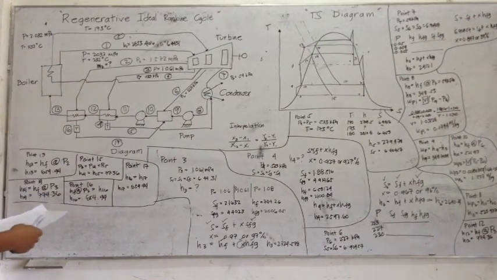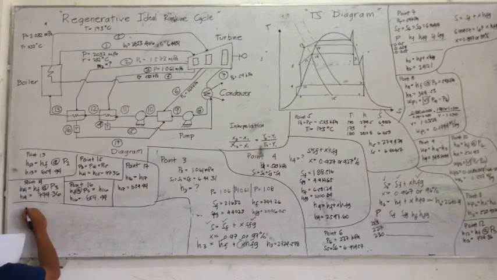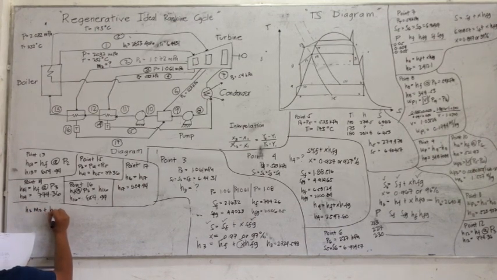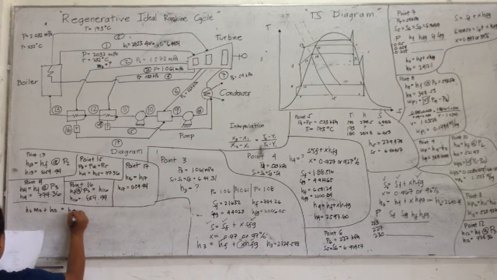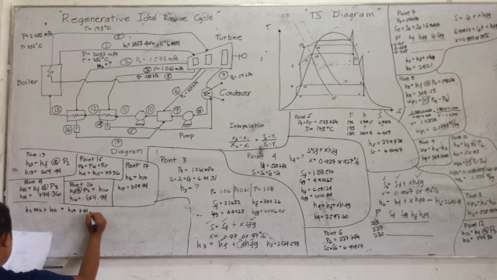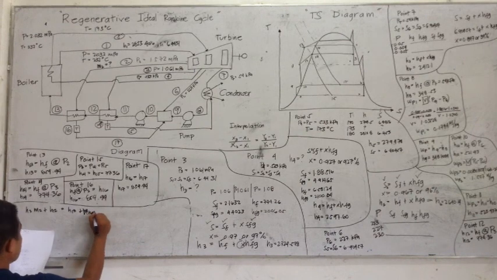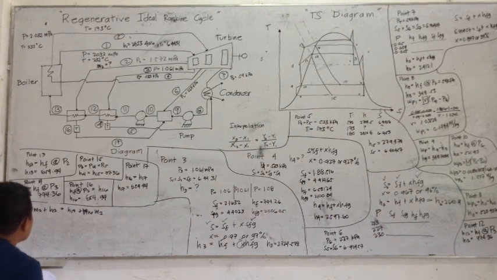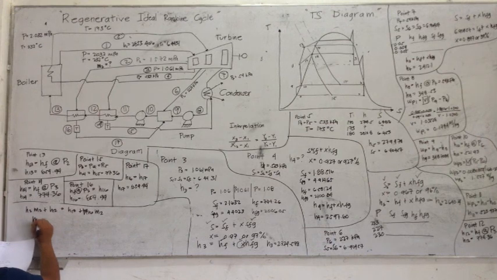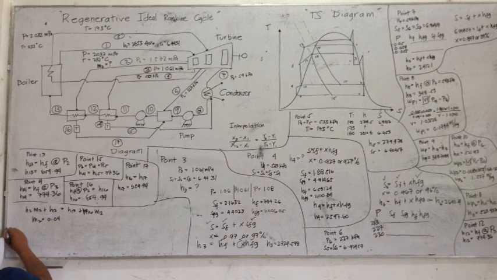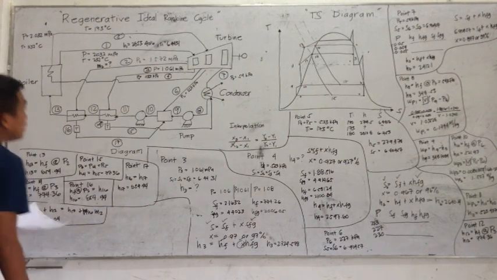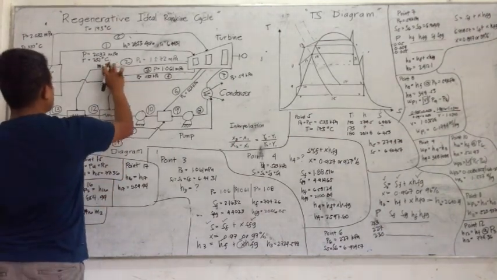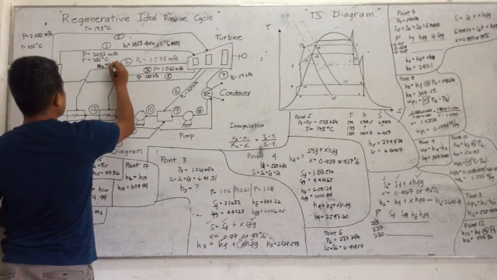By using the formula H2 M2 plus H12 equals H13 plus H16 M2, we can have an M2 which is equal to 0.04. So now we have already an M2, which is 0.04.